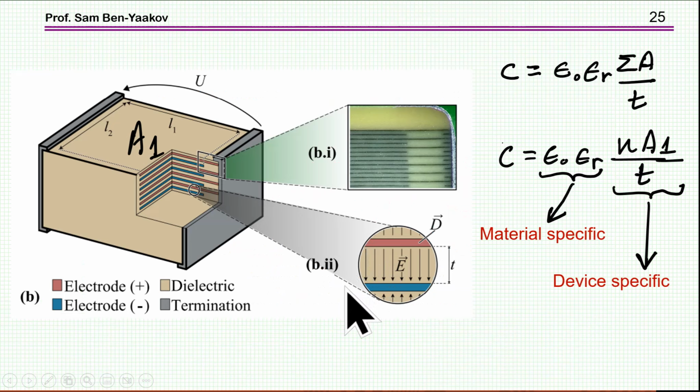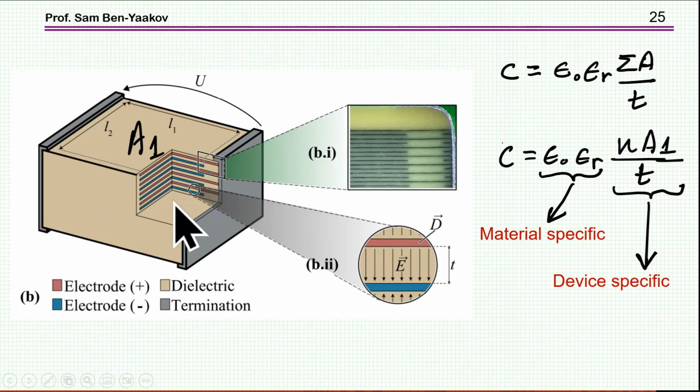So here's the idea. If we look at the multilayer ceramic capacitor, which is used of course for large capacitances, what we see is some area here. These are the electrodes. We assume that all of them are the same, the area is the same. Then we see the interleaved electrodes, like a comb here.